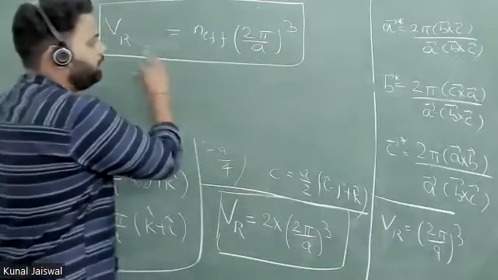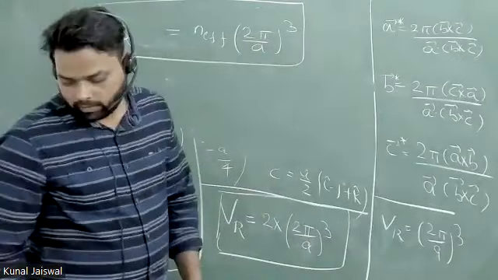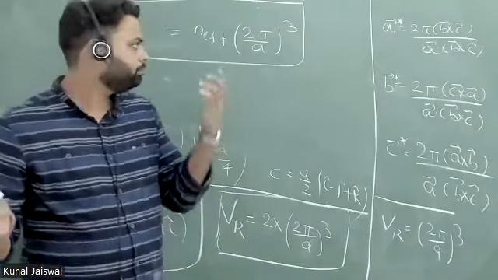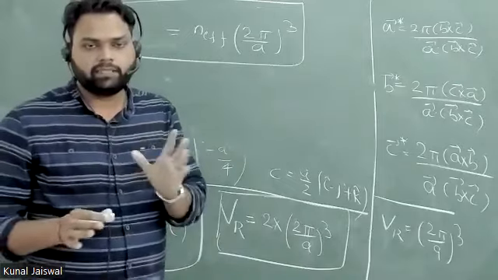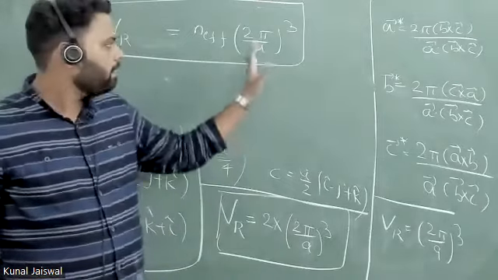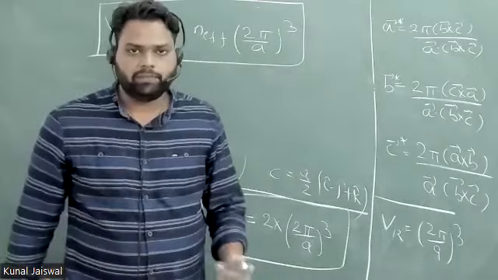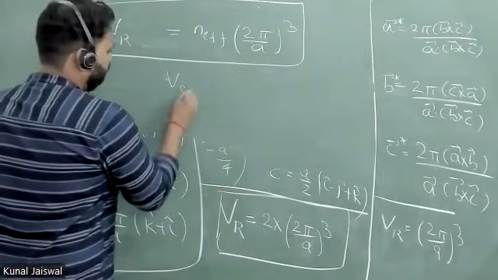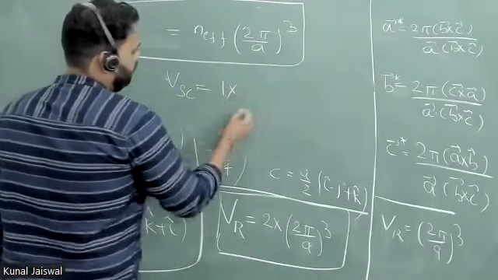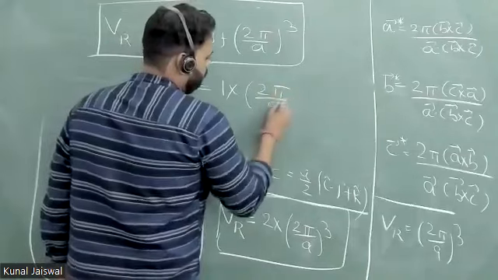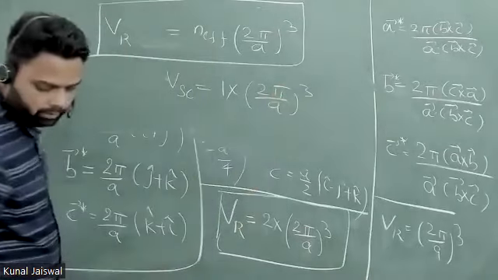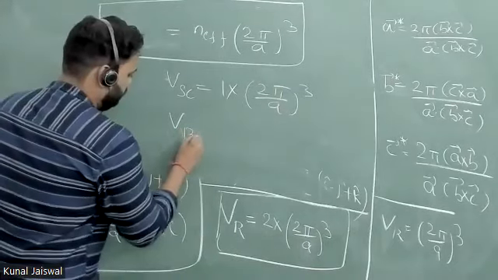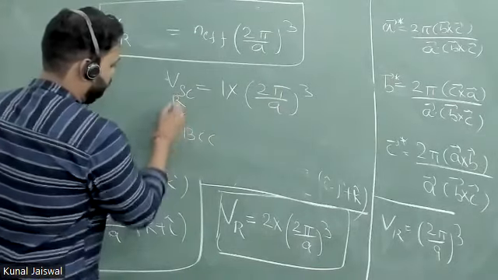This is generally valid for orthogonal lattices like simple cubic, BCC and FCC. Obviously these three are in our syllabus, there is nothing more. So for simple cubic, n effective is 1 and we get 2 pi by a whole cube. And for the BCC, we are getting 2 into VR of SC.